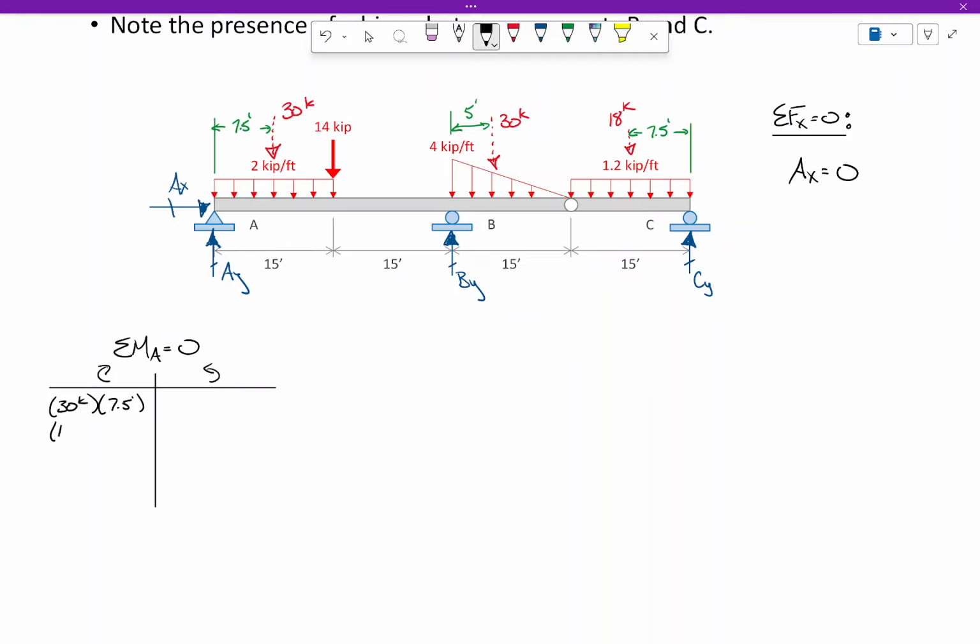We've got 14 kips times 15 feet. We've got this 30 kip load right here. Now, what is that? Let's see. So that's 35 feet. 15, 30, 35 feet. And then we've got 18 kips times 15, 30, 45. What is that? 52 and a half?